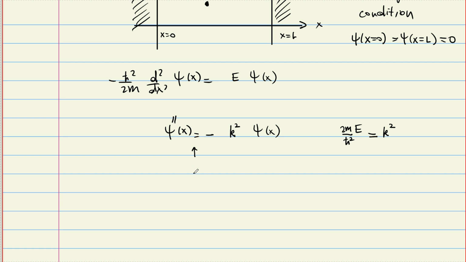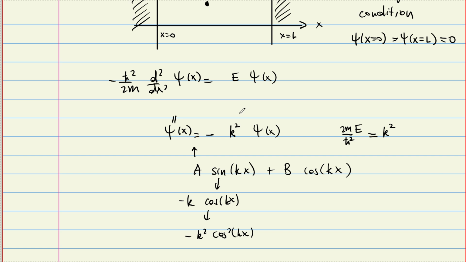And the substitution I'll do is a sine of kx plus b cosine kx. Why do I think so? If I substitute sine, the first derivative is going to be cosine kx, and the second derivative is going to be minus k squared sine kx.